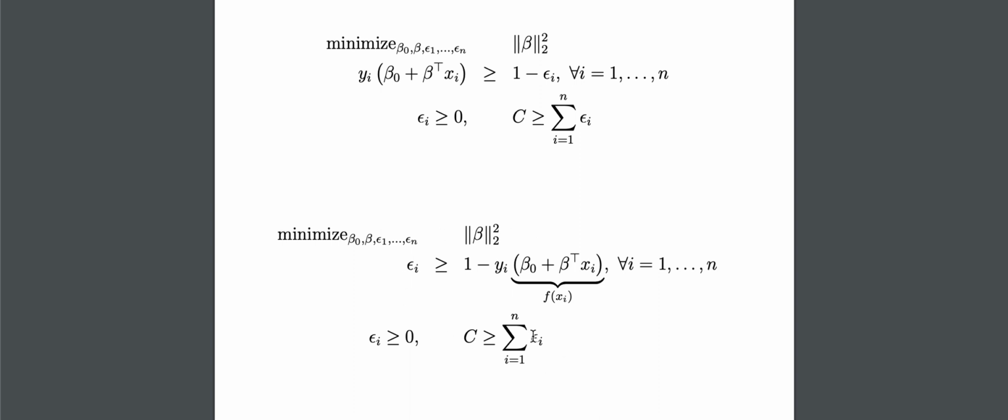A constraint optimization problem can be turned into an unconstrained optimization problem using the Lagrange multipliers. Again, this is beyond the scope of this lecture, but if you're interested, you should look for Lagrange multipliers.